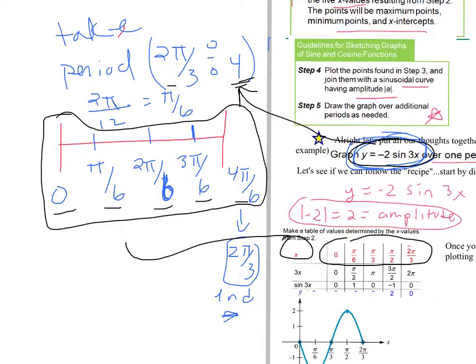When you get pi over 6, that tells you where your first notch, or first partition value, is. And then you keep adding pi over 6 until you get to your endpoint. So you're looking over the interval from 0 to 4 pi over 6. Okay, well then the fun begins. Let me zoom back out.